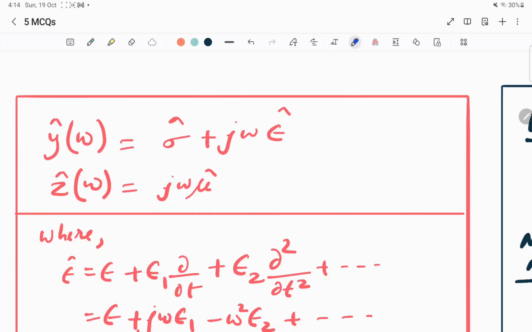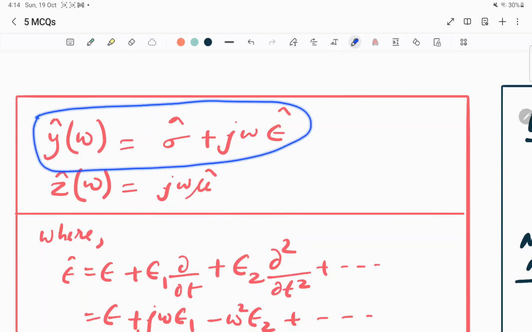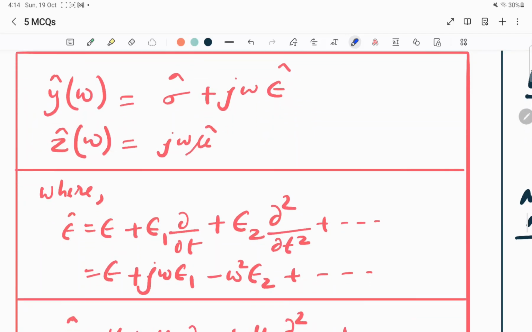Basically in this question you have been asked to find the complex admittivity, that is y cap, and the conductivity, which is sigma cap. So this first equation is going to be used. Now how are epsilon cap, mu cap and sigma cap written?